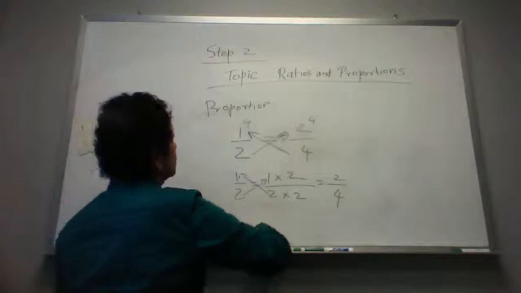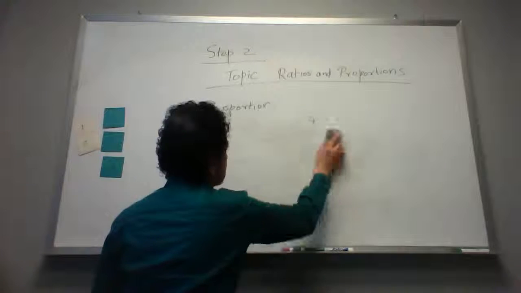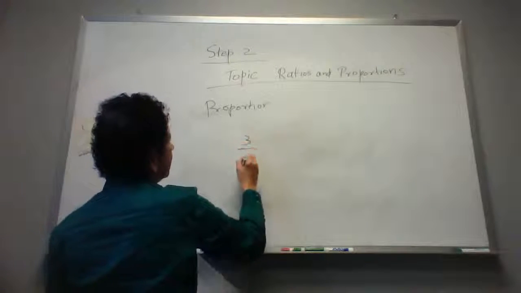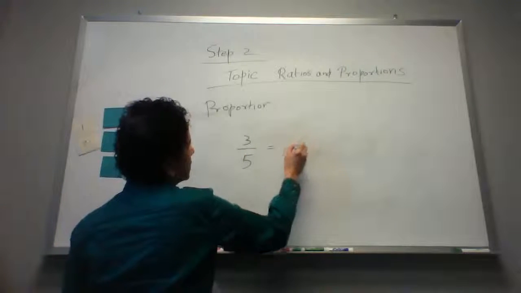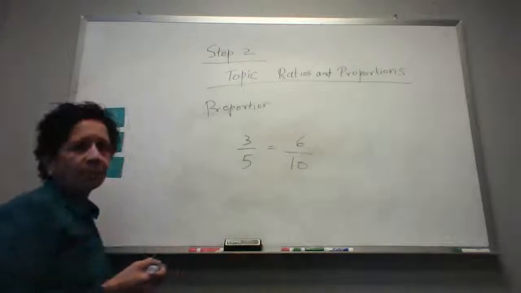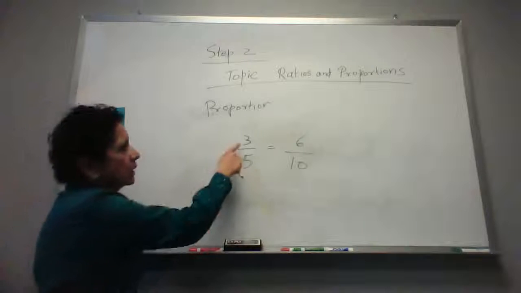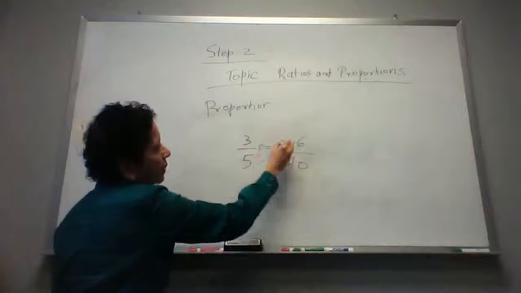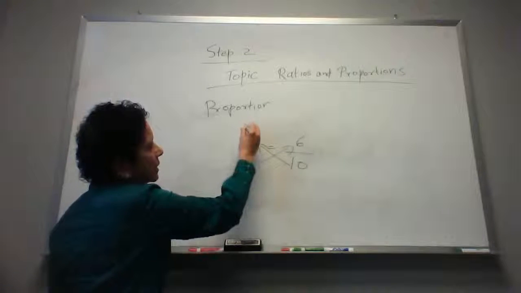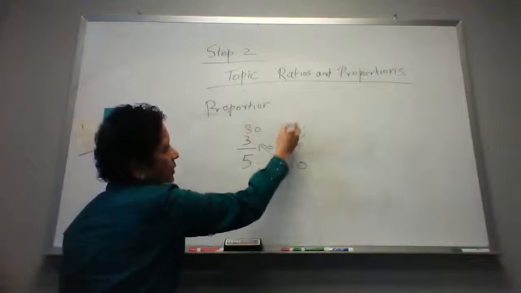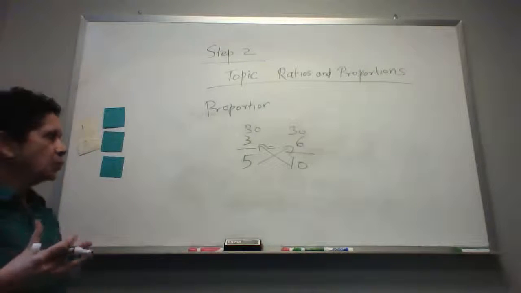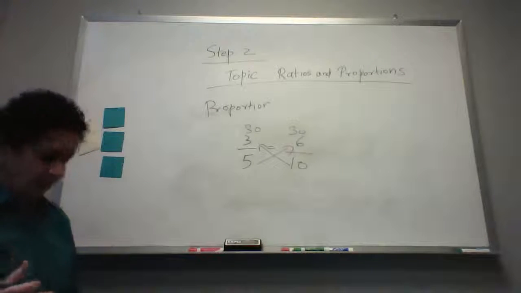So let's do another example. So let's say that I have 3/5 equals 6/10, right? So they are equivalent fractions. 2 times 3 is 6, 2 times 5 is 10. When I cross multiply, what happens? 3 times 10 is 30. 5 times 6 is 30. So you see that when you cross multiply 2 proportions, they are equal.